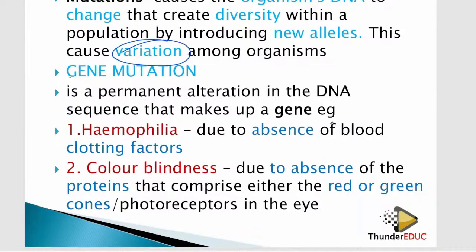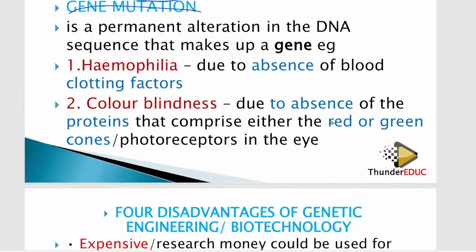So we have seen that mutation is a permanent alteration in the DNA sequence that makes up a gene. An example of these simple gene mutations which we know is hemophilia. We saw an example of hemophilia when you're doing this genetic process. The blood fails to clot, meaning that you don't have a clotting factor.